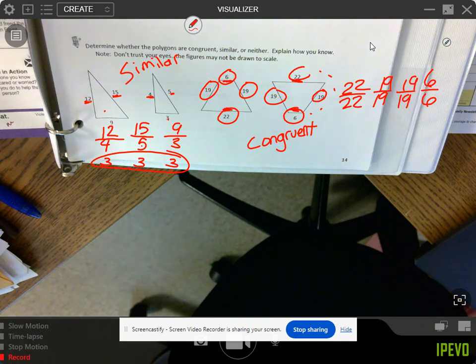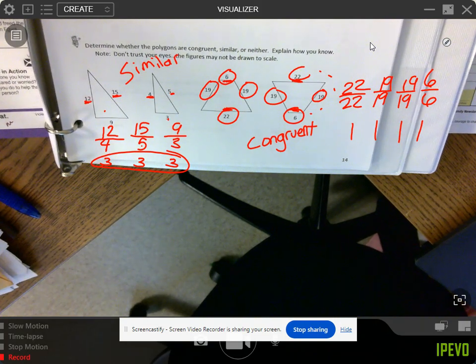So no, they can't all be divided by 2. They all go down to 1. We know that they are congruent polygons if they all go down to 1. 6 divided by 6, 22 divided by 22, 19 divided by 19, 19 divided by 19. Do you see that? So you know that they are congruent if they all go down to 1.